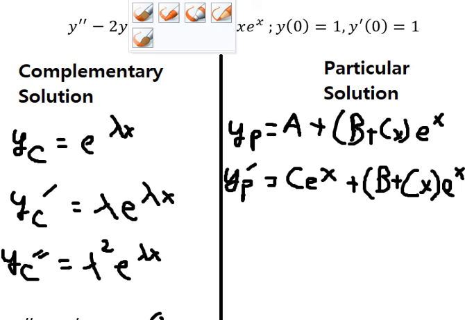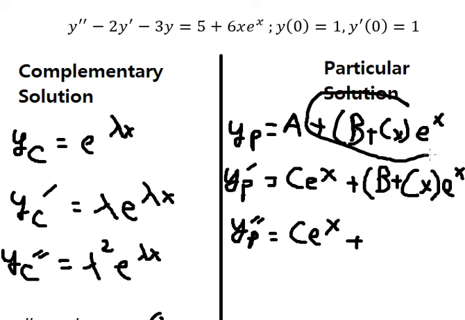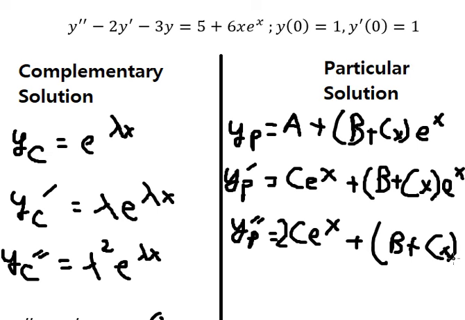Now we go to the second derivative of yb, and we have c e to the power of s. And we know that this one repeats this one here. So we have another 2c e to the power of s, and we put b plus cs e to the power of s.